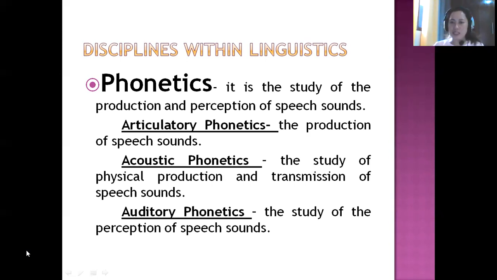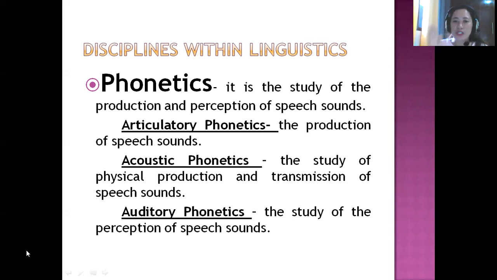Next is acoustic phonetics. It deals with the physical production and transmission of speech sounds. So we will go specific to the mechanism of the production. For example, the interdental sounds. Actually that sound is voiceless, but I'm trying to emphasize.